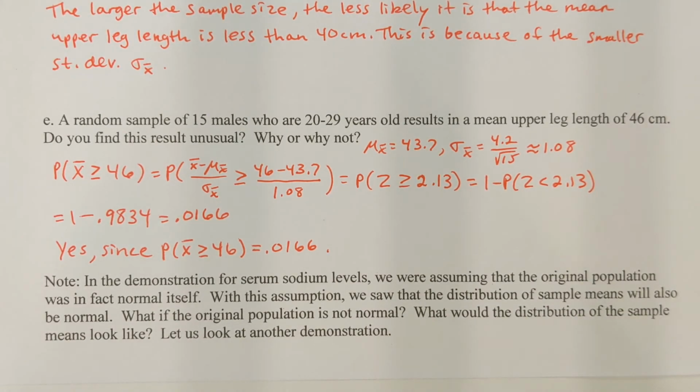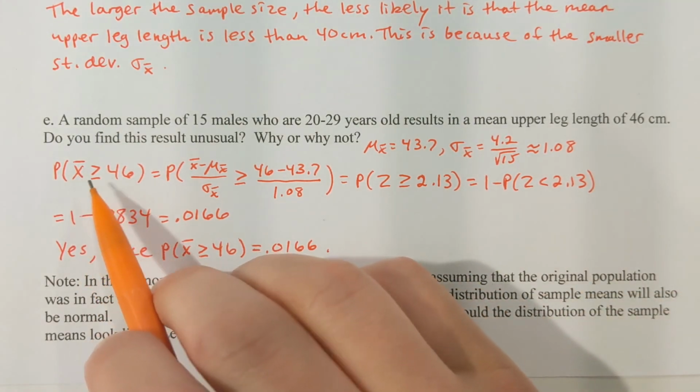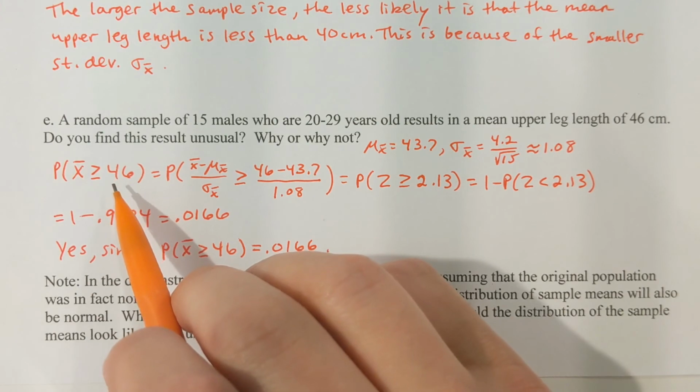So the interpretation would be to say that if we were to randomly select 15 males in this age group and compute the mean upper leg length of those 15 males, we have a 1.66% chance that the mean of those 15 individuals would be some number that is 46 centimeters or bigger.